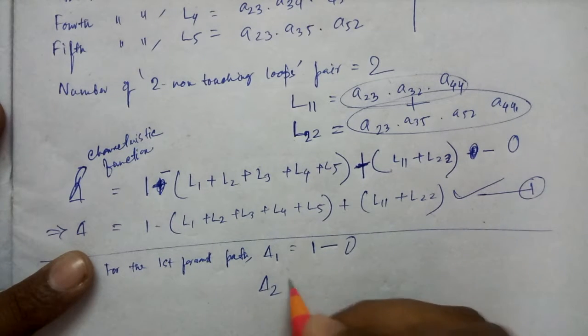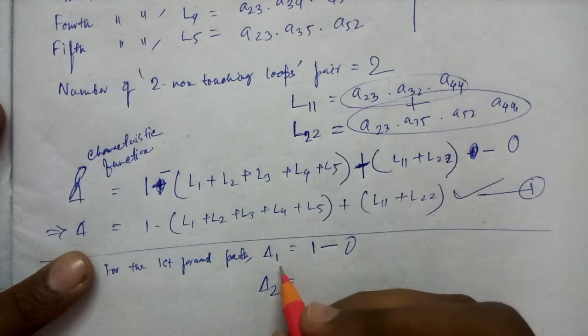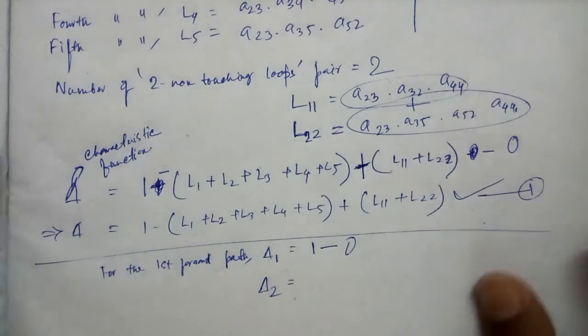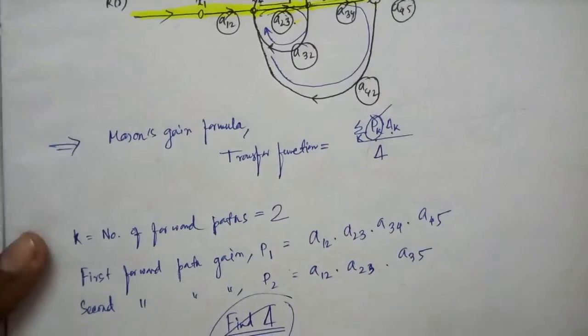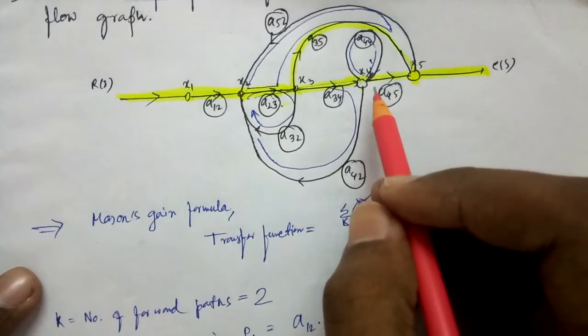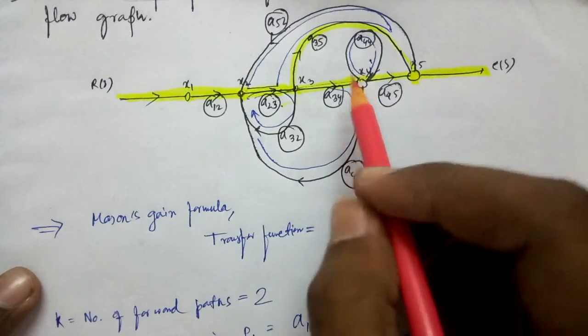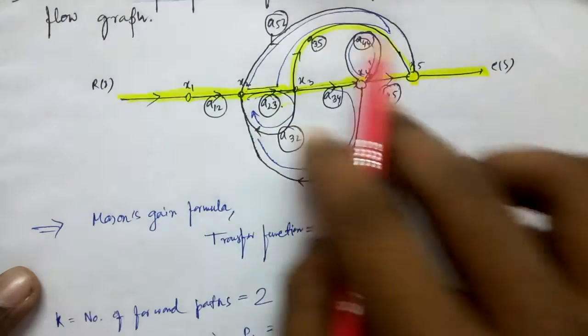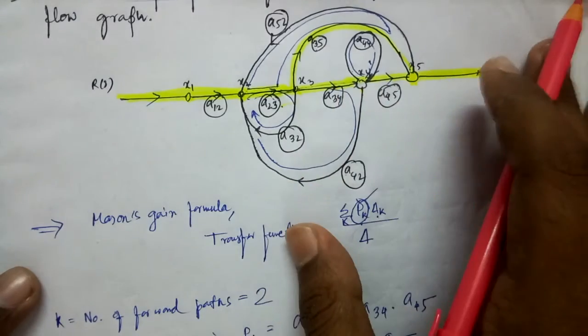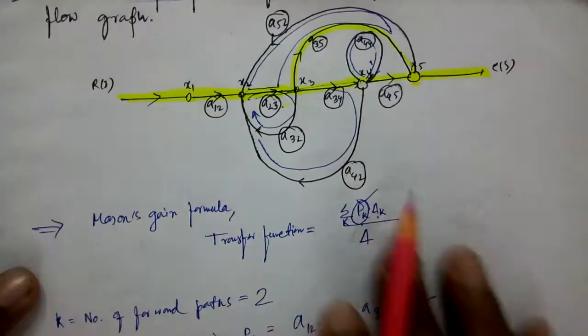And delta 2, as k's value is 1 and 2, delta 2 is for the second forward path. We have to understand which loop it is not touching. This forward path is not touching this loop only and touching all other loops.